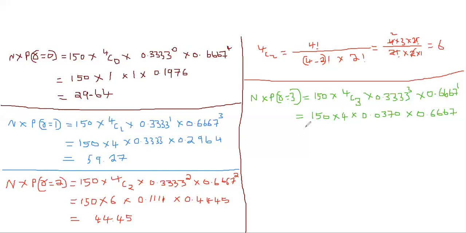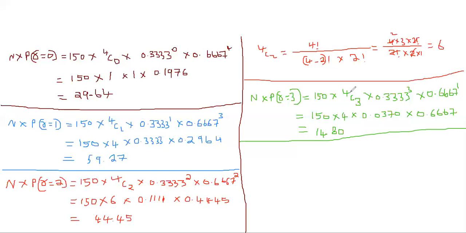You multiply these four values: 150 into 4 into 0.0370 into 0.6667. We're getting 14.80 as the answer. This is n into P of r is equal to 3.